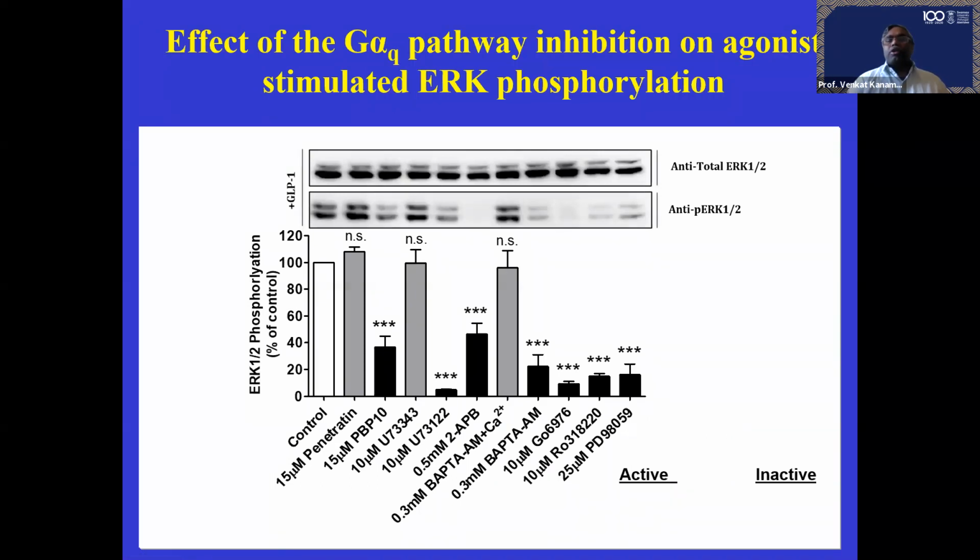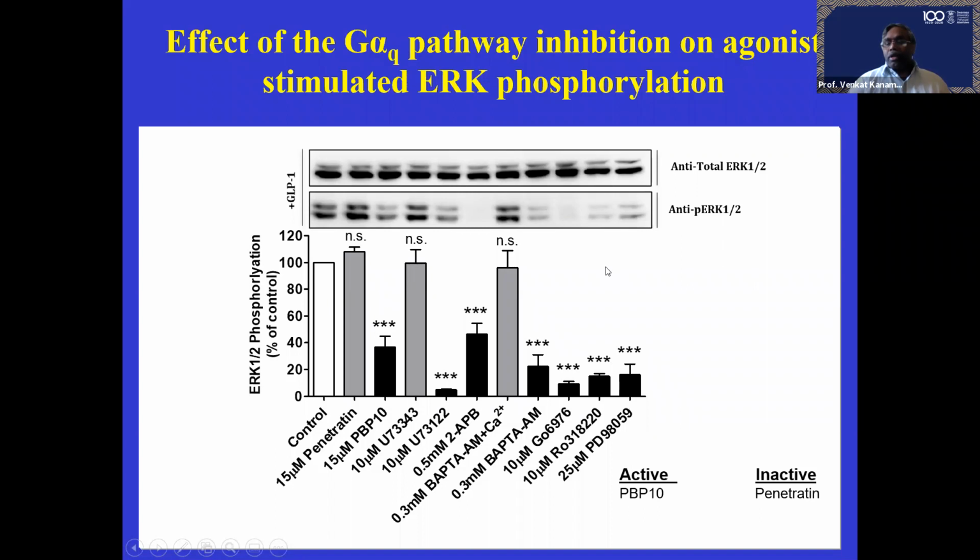We also looked into the effect on ERK phosphorylation. As you can see, PBP10, which is a kind of sponge for PIP2 levels, and similarly the PLC inhibitor, IP3 inhibitor, calcium chelator, and PKC inhibitors all inhibited ERK phosphorylation.